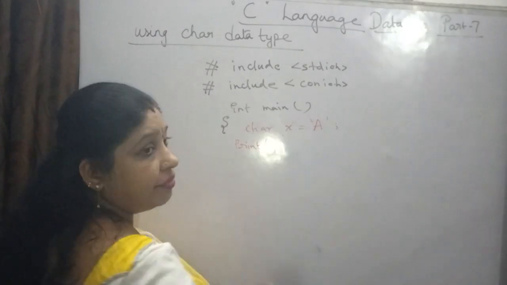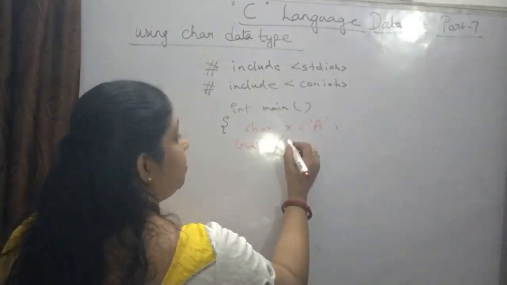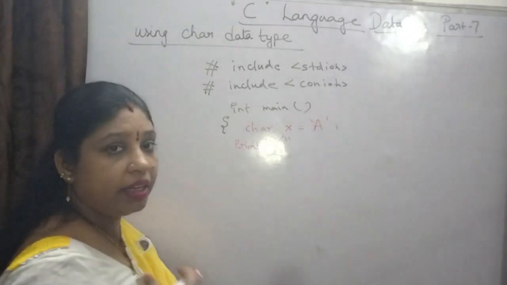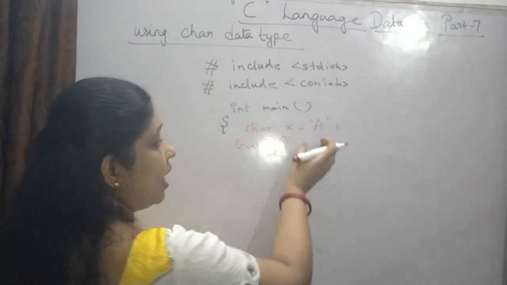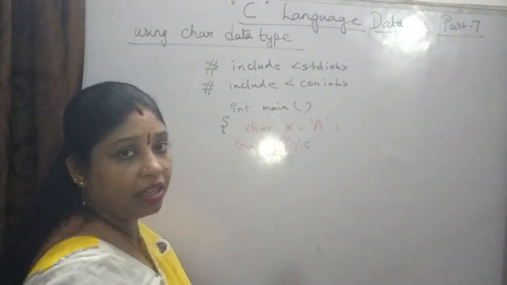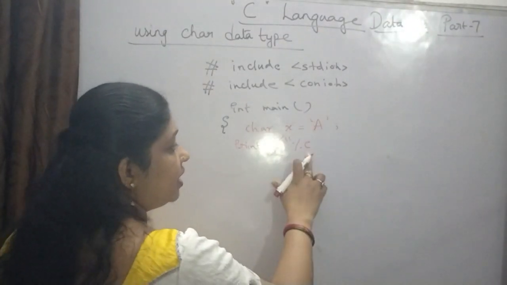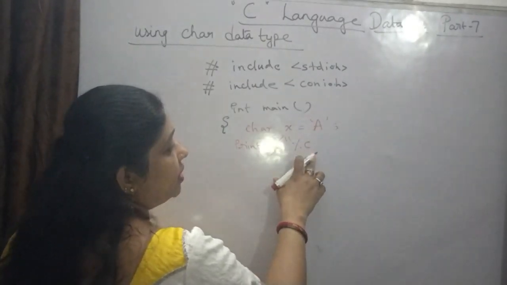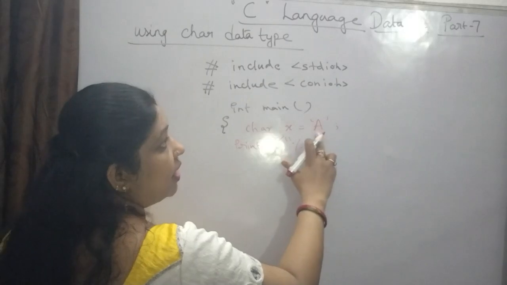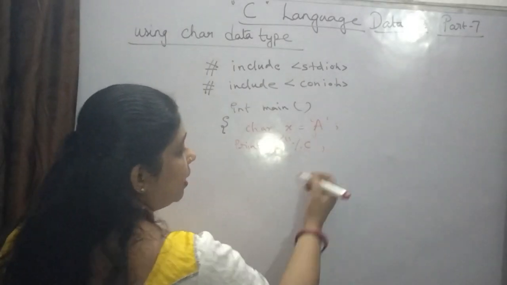printf, open the brackets, double quotes. Now how I will display this character A is, for that I have to give %c. The format specifier is %c. When I give %c, it will give the output in the same way as A. See what happens.